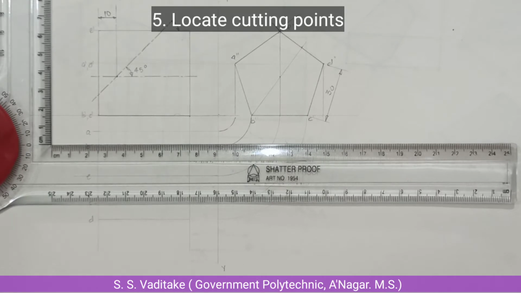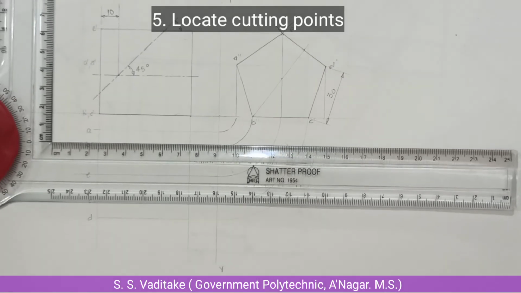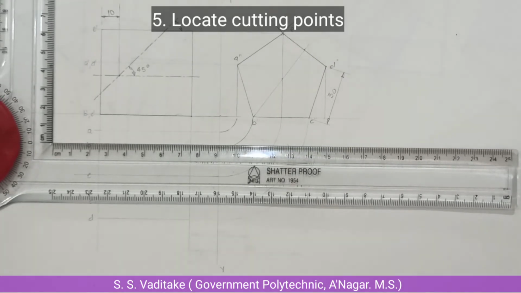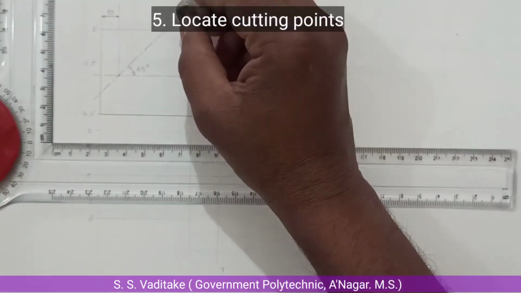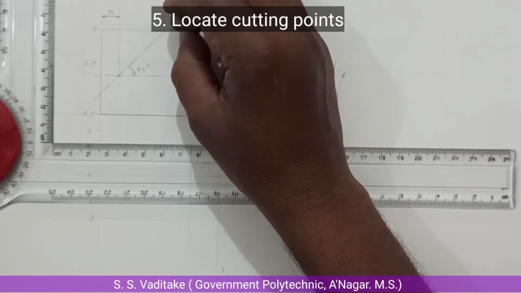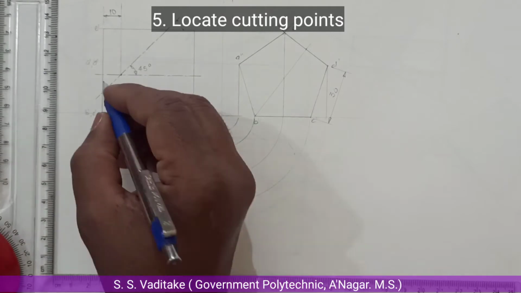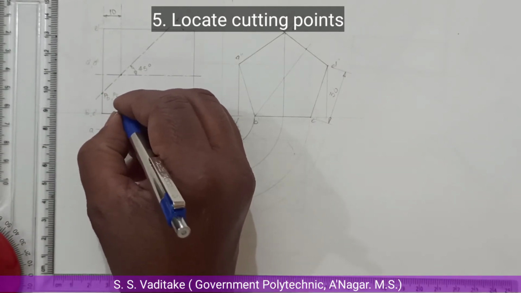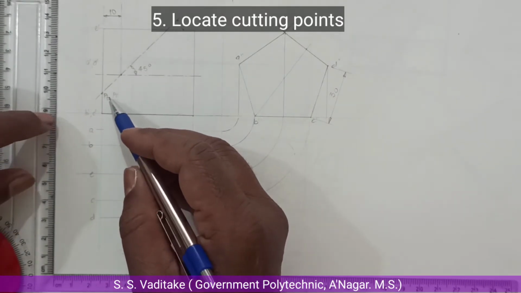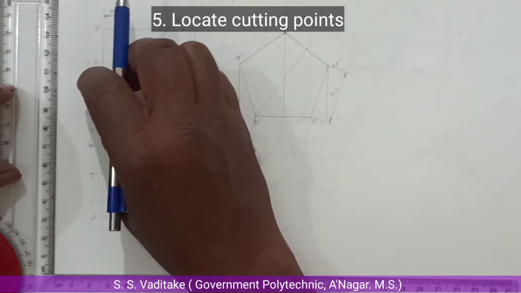Now locate the cutting points where the section plane cuts the base edges as well as the face edges in your front view. So the base edges AB and CD are cut by the section plane. Label these points as 1. So these are the points 1 where the base edges AB and CD are cut by the section plane.